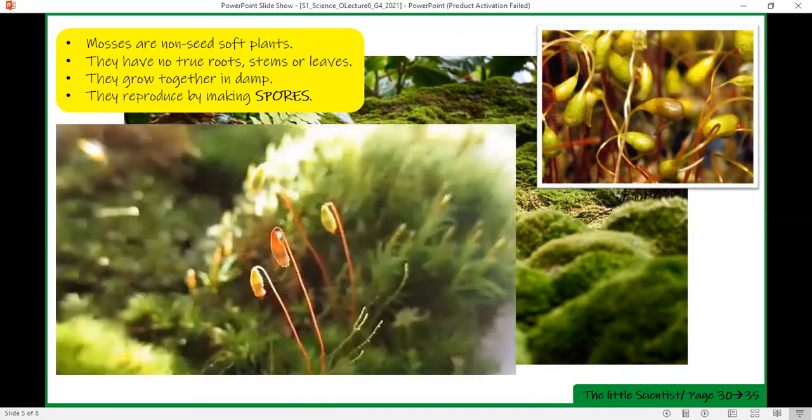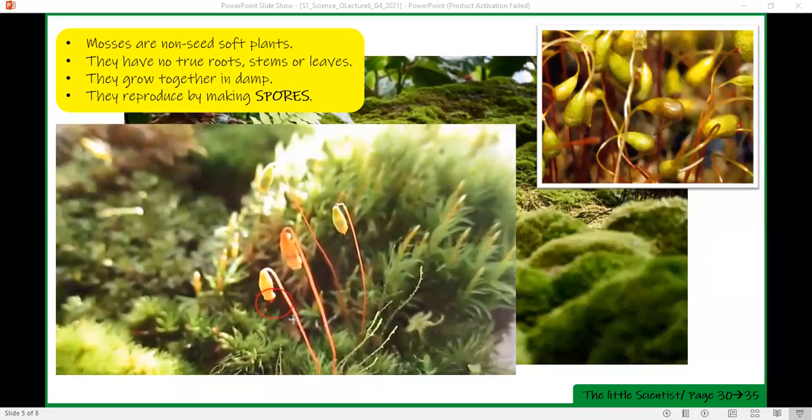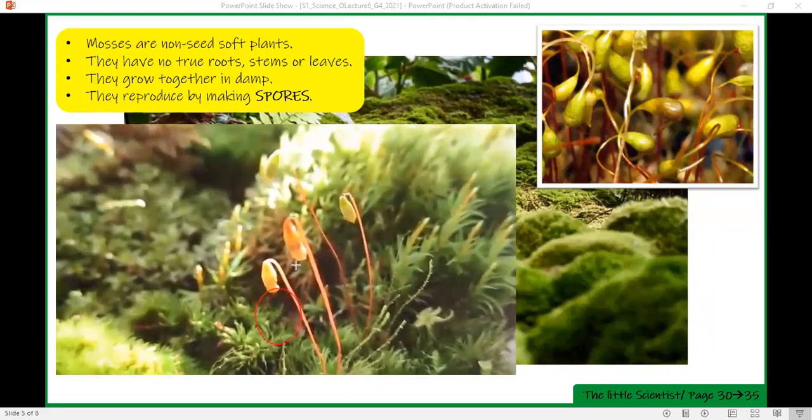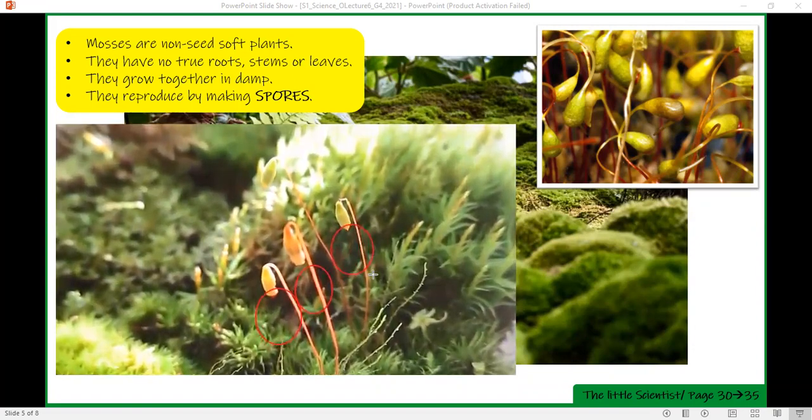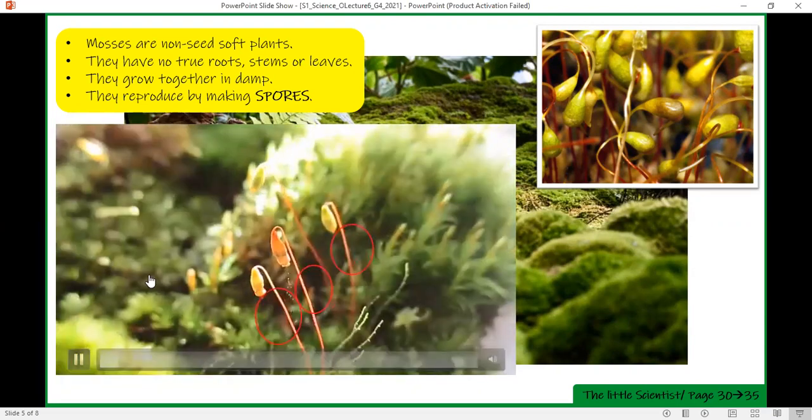Let me play the video. And look right here. You'll see spores going out, and these spores will be transferred, and when they find the right conditions, they will grow into a new moss plant.